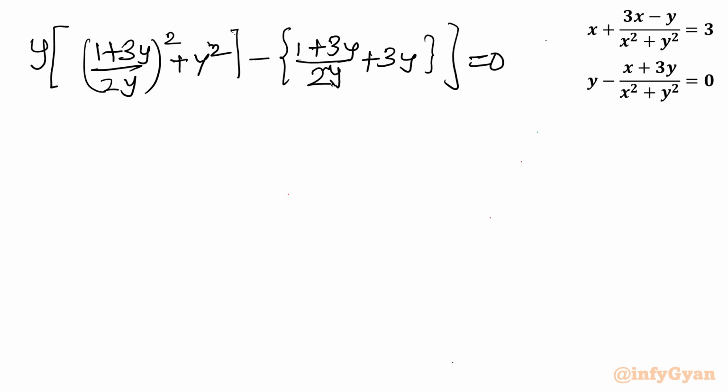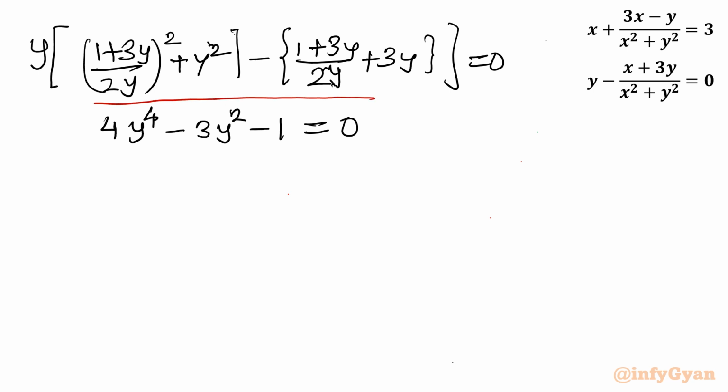Once you simplify this, you will get an equation in y. So I can write 4y power 4 after simplification, minus 3y power 2 minus 1 equal to 0.